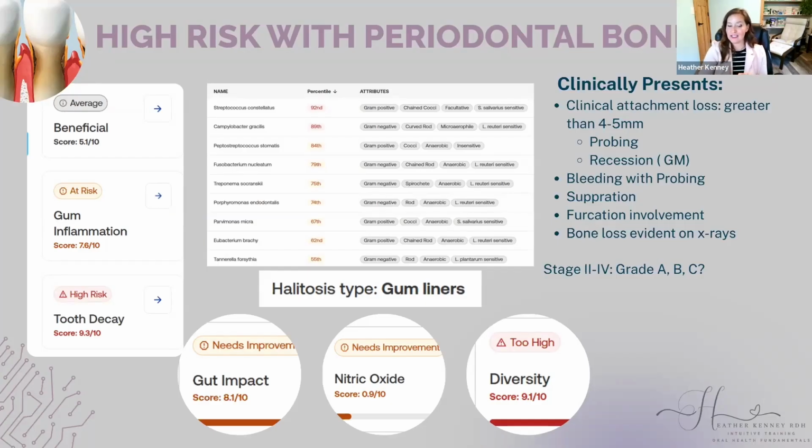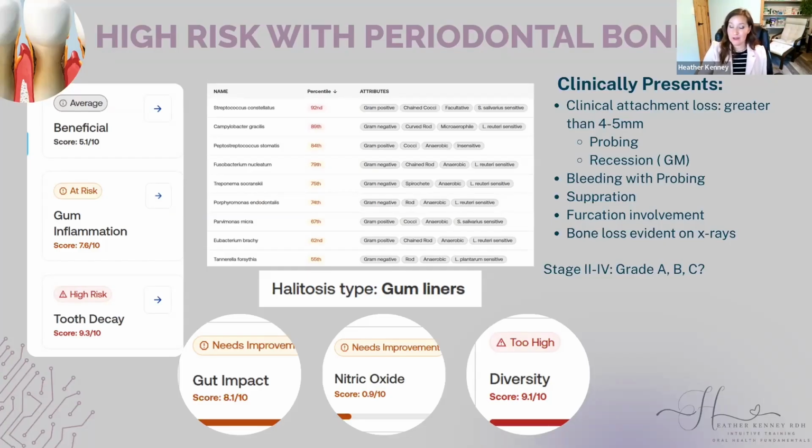And then the nitric oxide score should be high and in green, just like the beneficial score. So a low nitric oxide score could mean they've been overusing antimicrobial rinses, or they're a mouth breather. If we have a low nitric oxide and we're having a hard time pushing that score up, I highly recommend doing a sleep study, maybe referring to myofunctional therapy.